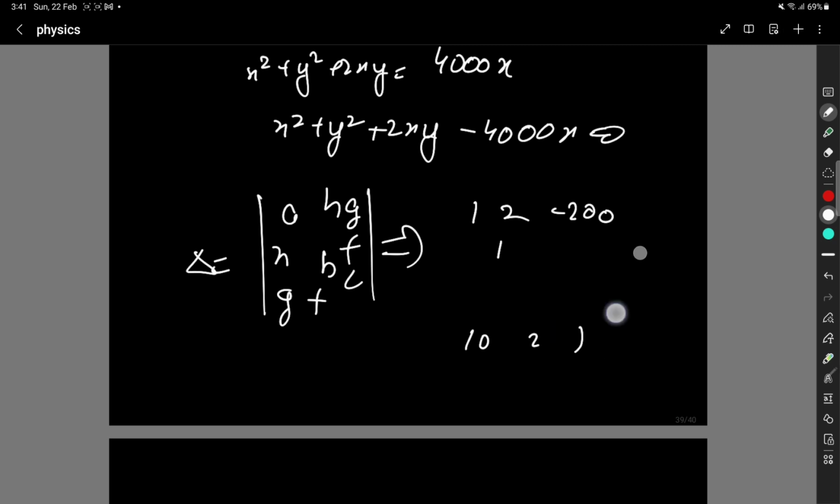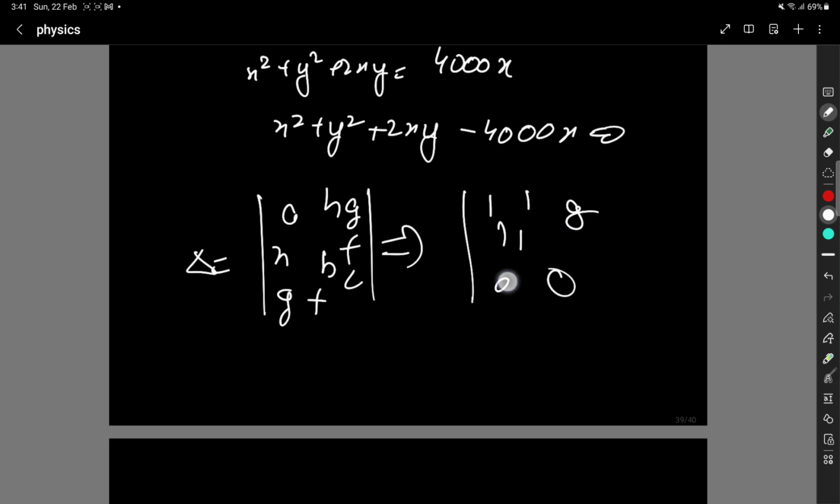So a is 1, b is 1, c is 0, h is 1, g is minus 2000, and f is 0.